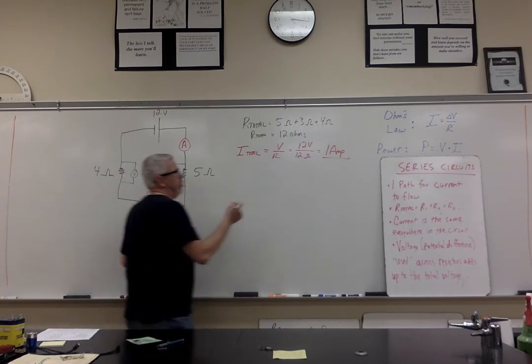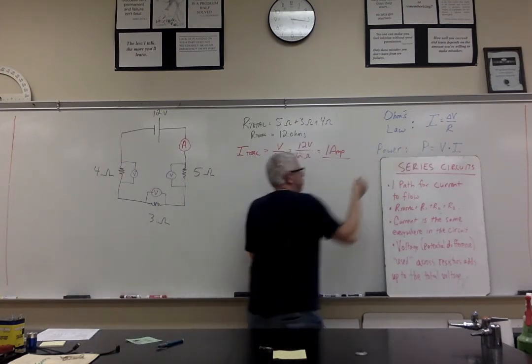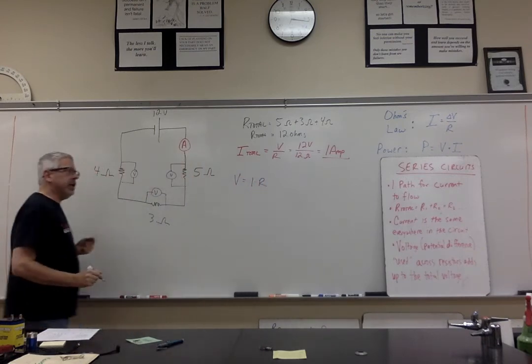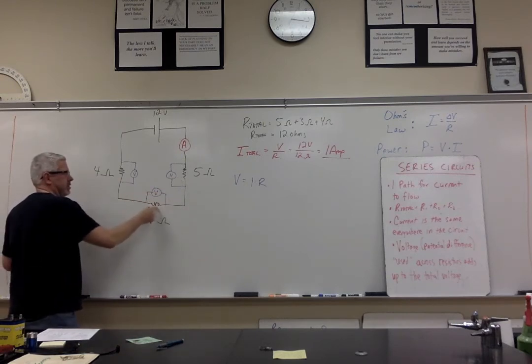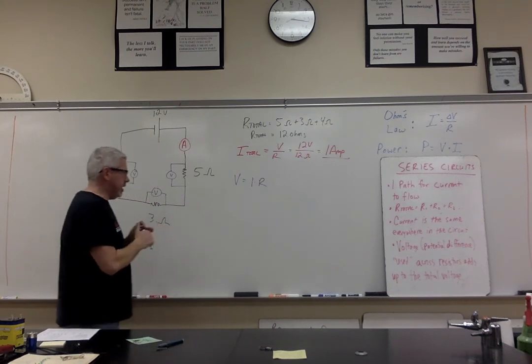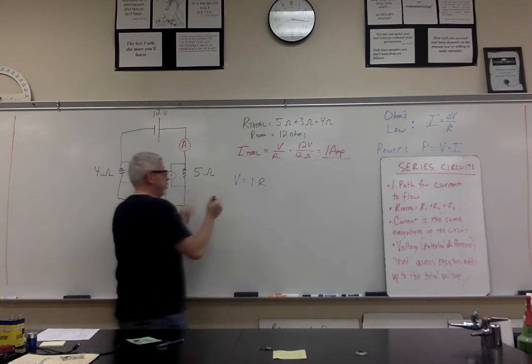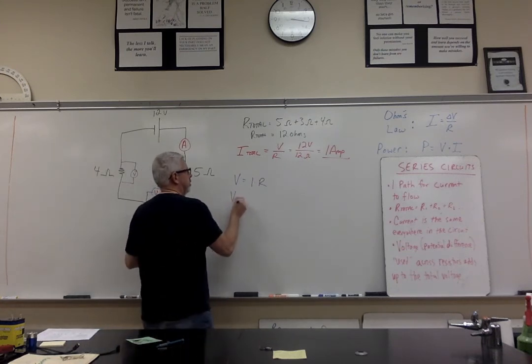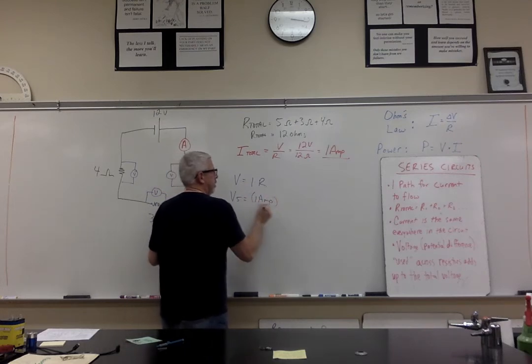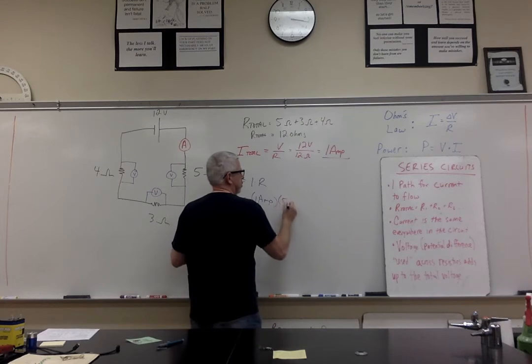Well, I'm going to go back to Ohm's law, but I'm going to rearrange it. And I'm going to say V is equal to I times R. Now I know that the current going through each of these resistors is the same. It has to be because it's a series circuit. So in this case, if I want to figure out the voltage across the 5 ohm resistor, I'm going to say 1 amp times 5 ohms.